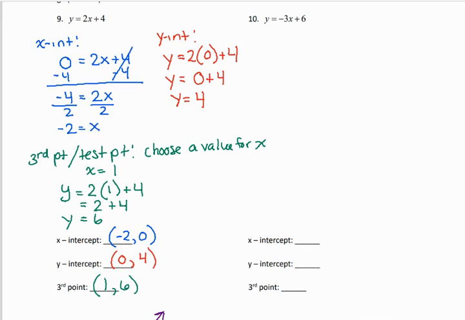How we doing? Anyone have any questions? Yeah, go ahead. So, for example, for number 10, when I'm doing the third point, I did -1 to make it like a positive.